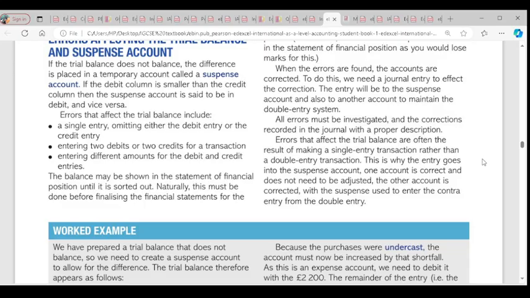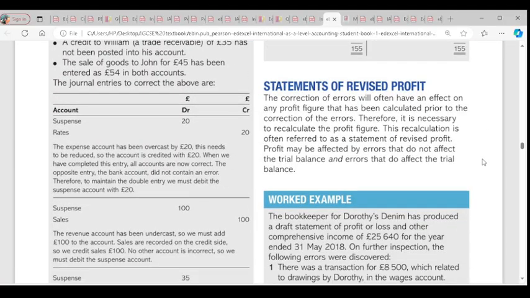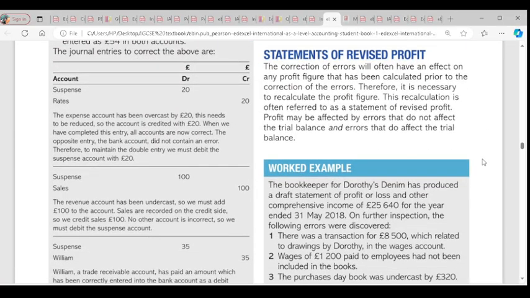Now go to statement of revised profit. Statement of revised profit implies recalculating the profits, as errors would have changed the figure of profit. Why do we have revised profit?